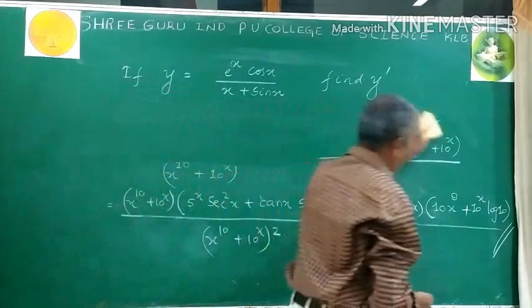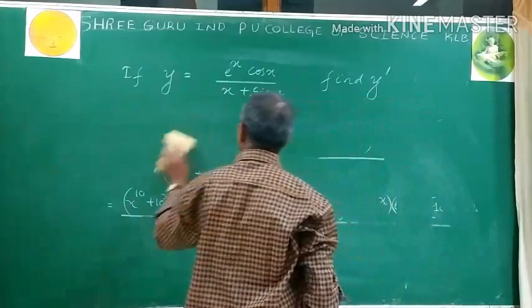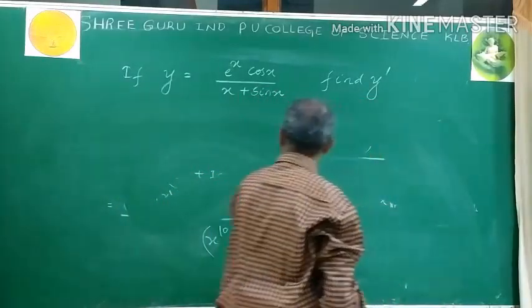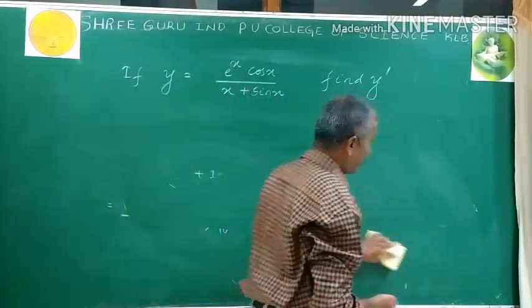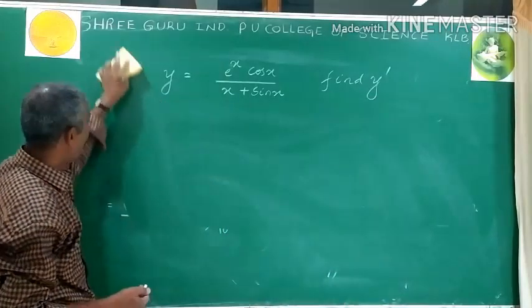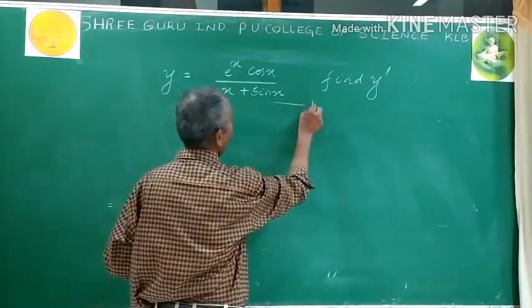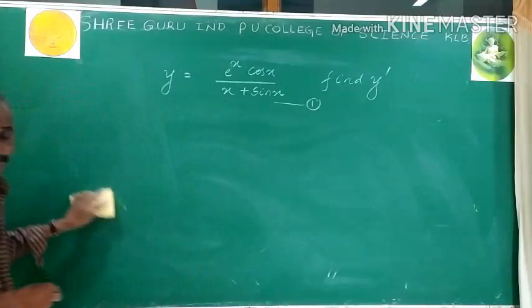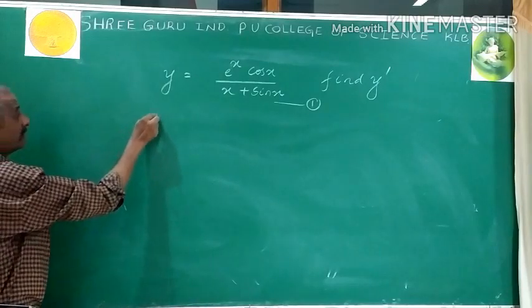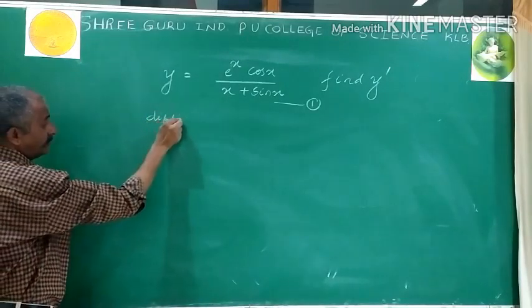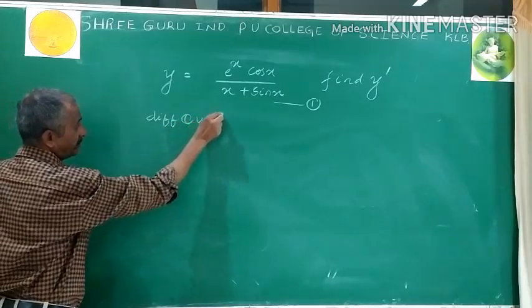So first write the given problem again: y equal to e power x cos x whole divided by x plus sin x, and you call it as 1. Next write the word. What is the word? Differentiating 1 with respect to x.